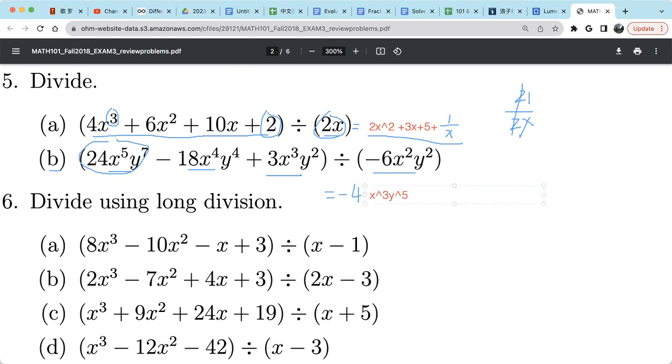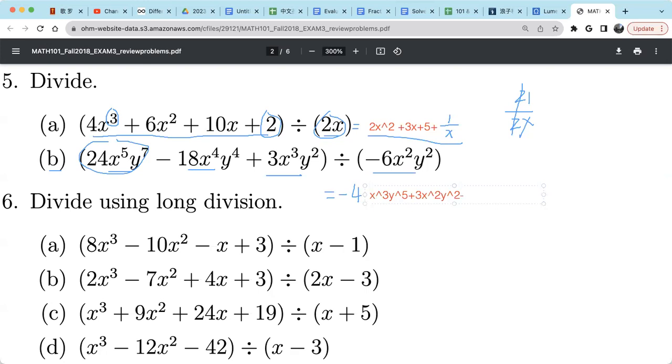Then the next term is -18 x to the 4, y to the 4. Negative divided by negative, that's positive. 18 divided by 6, that's 3. X to the 4 divided by x squared, that's x squared. Y to the 4 divided by y squared, that's y squared.